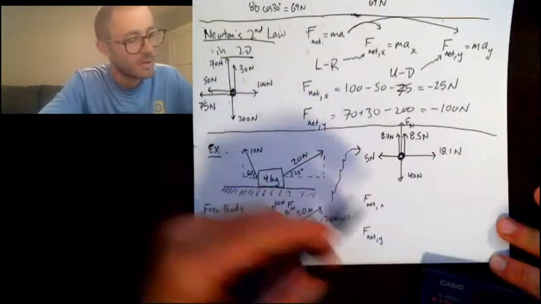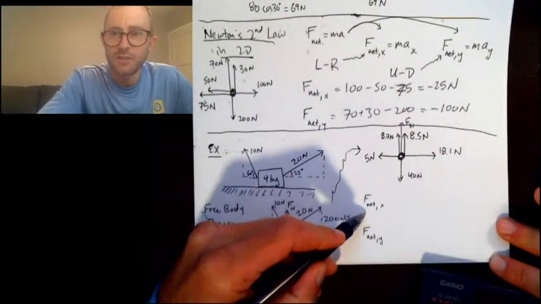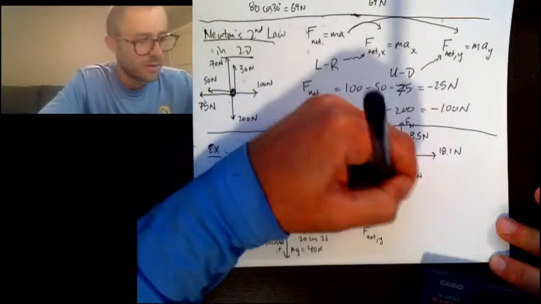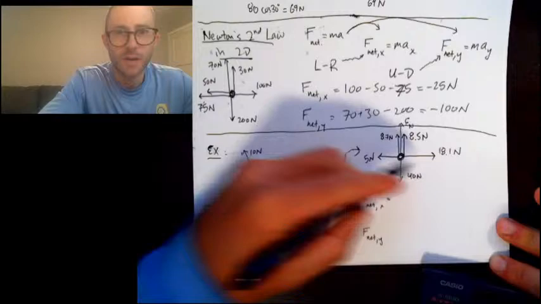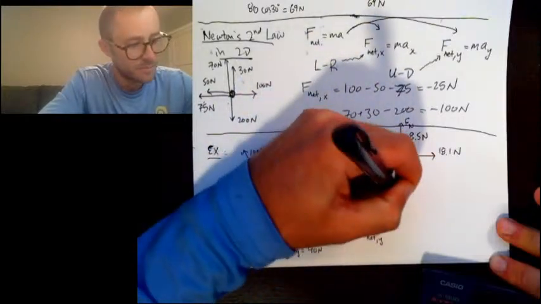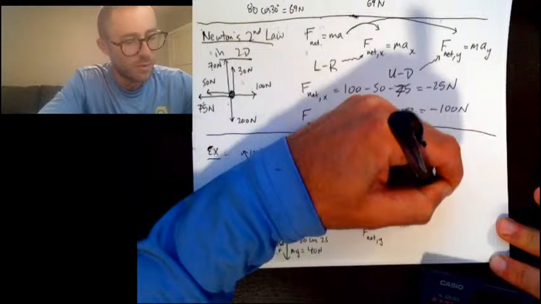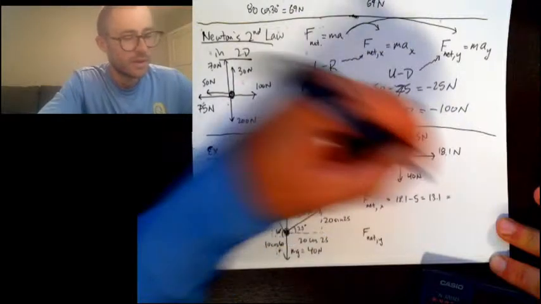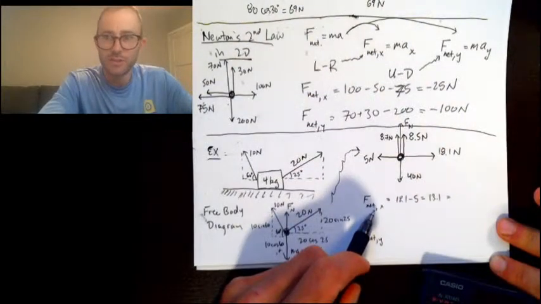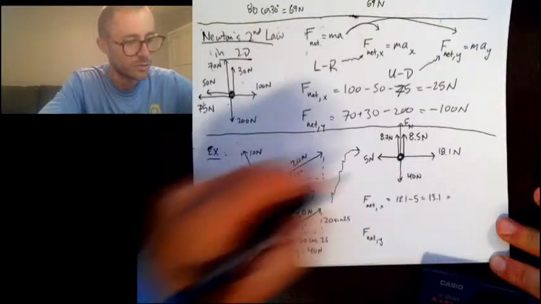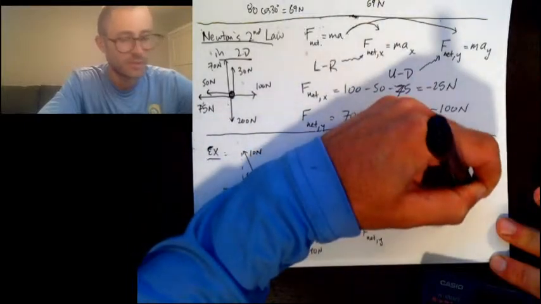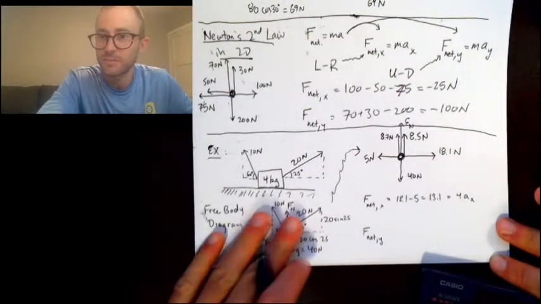Okay? So the net force in the x direction is going to be 18.1 minus 5 equals 13.1 newtons. And the net force in the x direction is equal to m, which is 4, times the acceleration in the x direction.